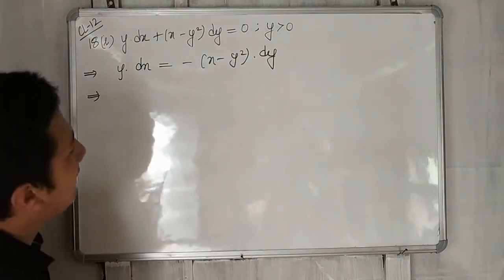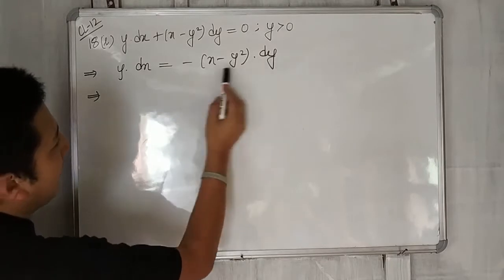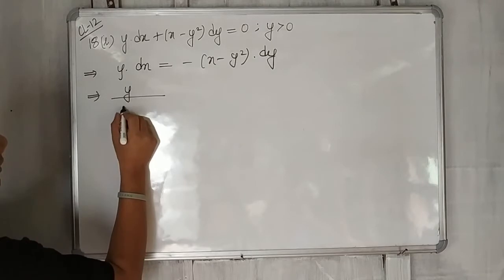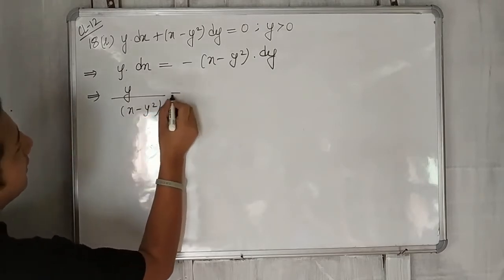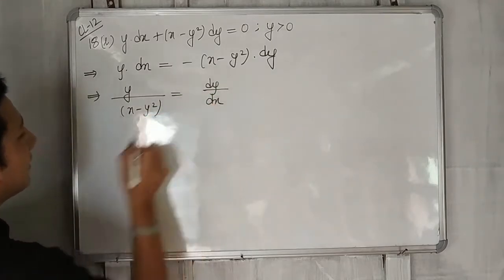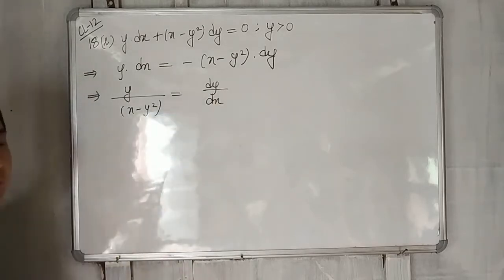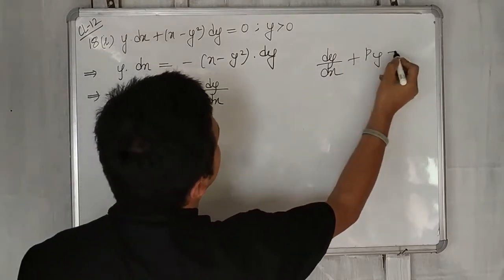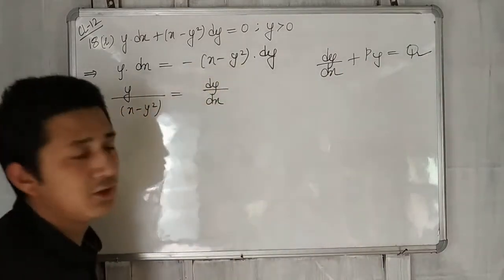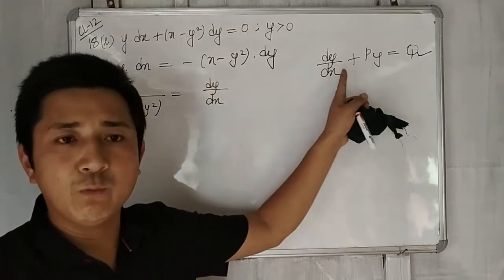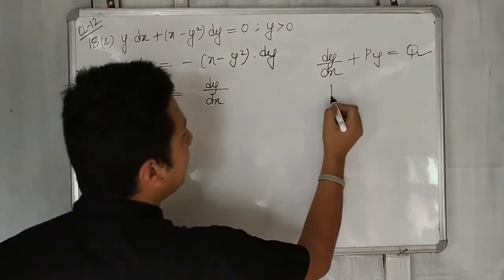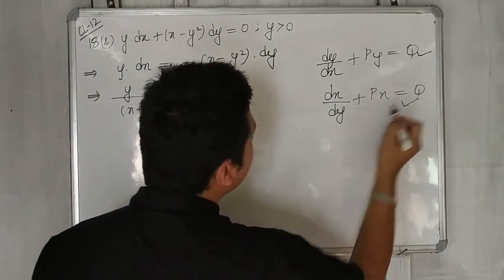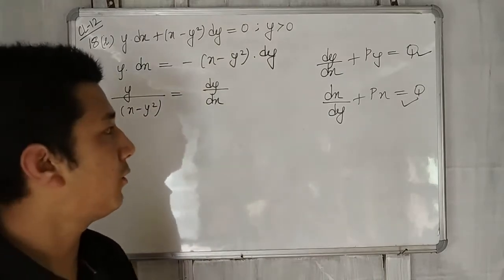Now if I drop this dx here and this here, then what will be the situation? We'll see. Suppose if I do this, x minus y square is equal to dy by dx, then there will be a problem for me to make it in the form of dy by dx plus Py is equal to Q. Remember, this is a linear differential equation of first order in y, and the second one, dx by dy plus Px is equal to Q, is a linear differential equation of first order in x.